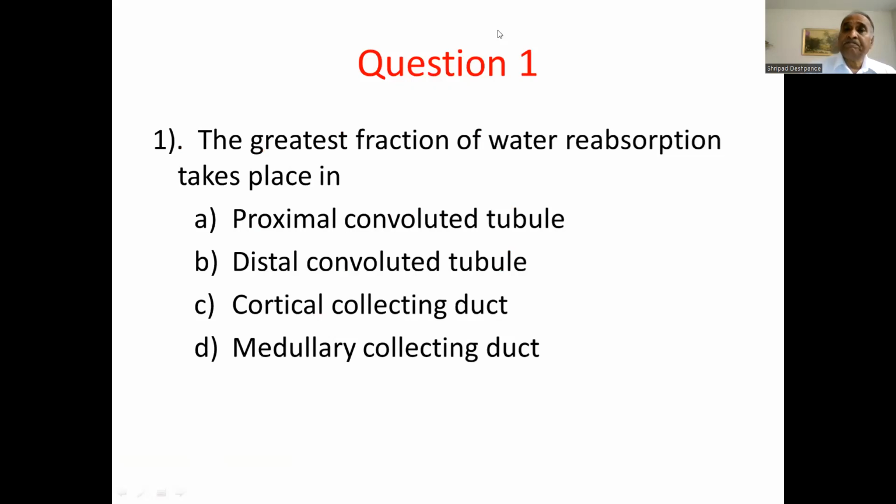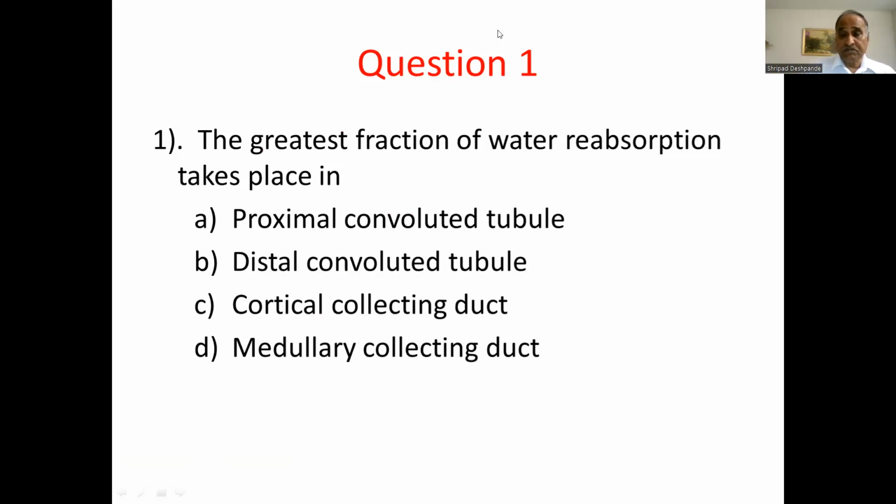Question number 1. The greatest fraction of water reabsorption takes place in option A, proximal convoluted tubule, B, distal convoluted tubule, C, cortical collecting duct, D, medullary collecting duct. Please note that more than 2/3 of the solutes, especially the sodium, is reabsorbed from the proximal convoluted tubule.